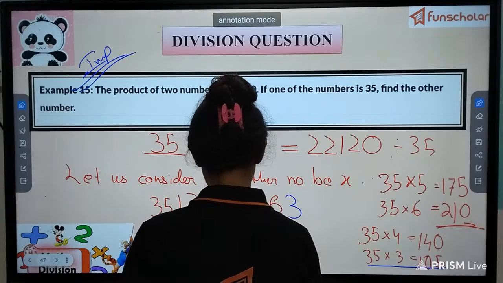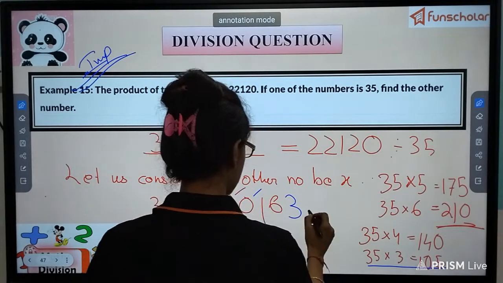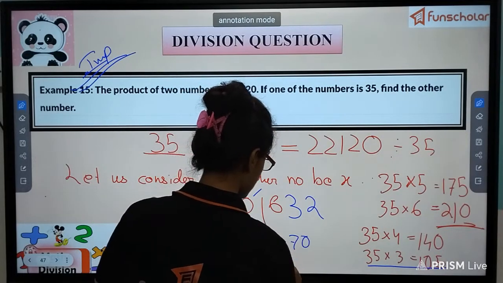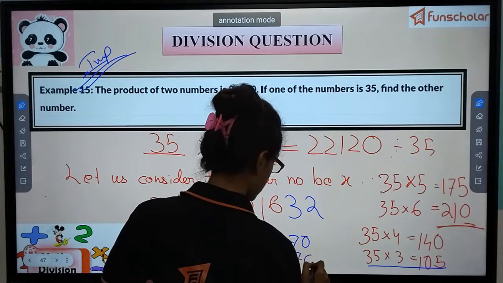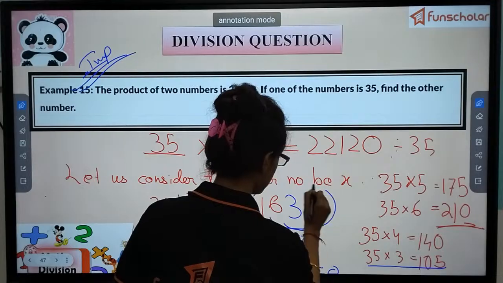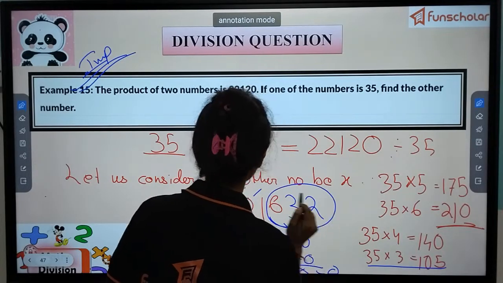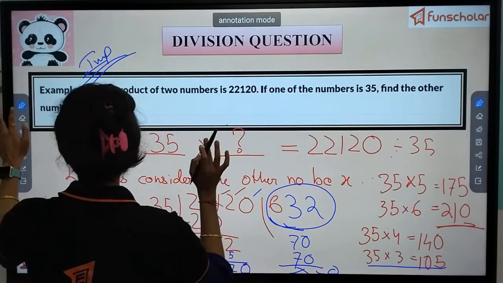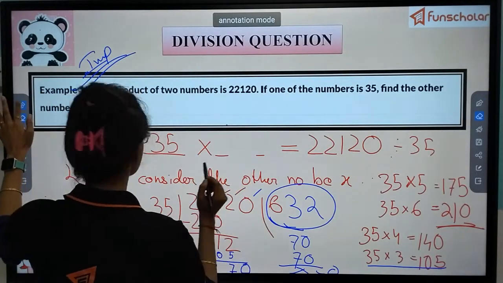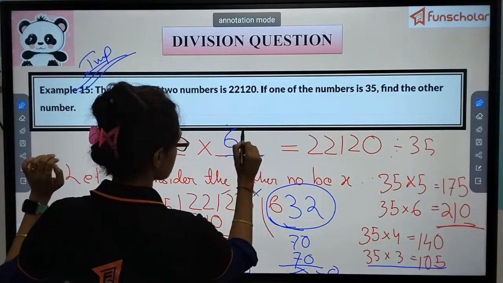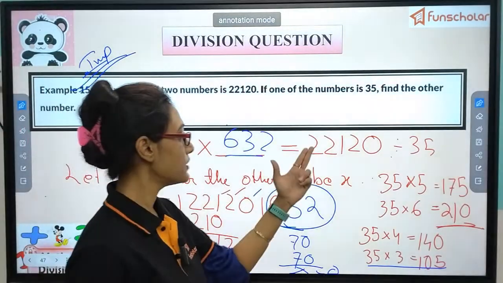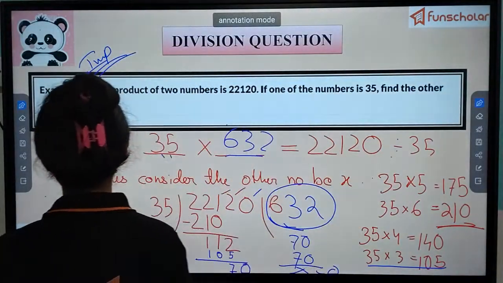Now comes 0. 35 into 2s are 70. Okay. Since there is no space, I am doing it here. There is no remainder. So another number will be 632. So here instead of question mark we will put 632. So 35 into 632 is equal to 22120.